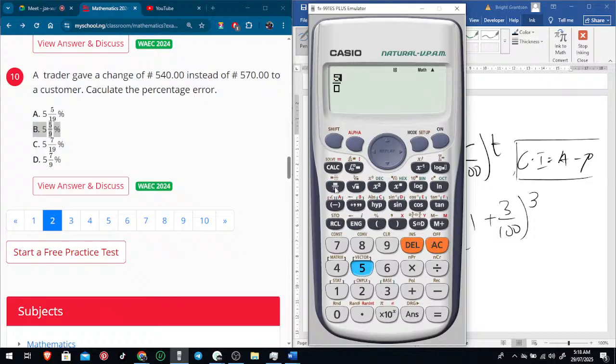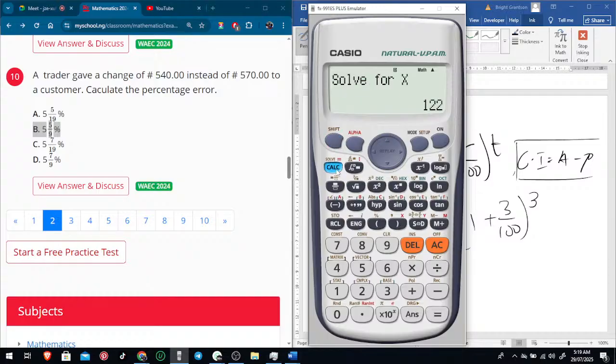The original one, which is 540, over the new one, 570. But you see, the original one is related to 100%. So 100 over 100 plus x, since the 570 means it has increased. Then you solve for x.